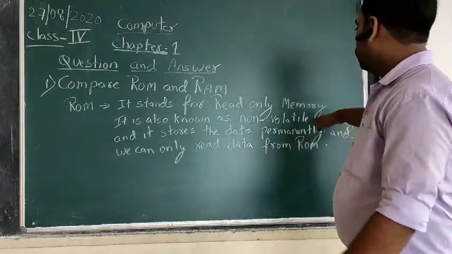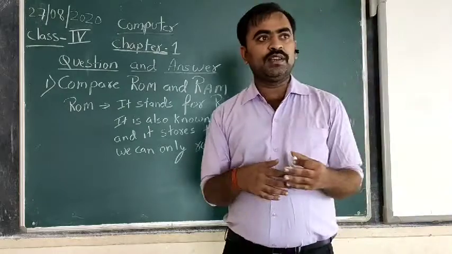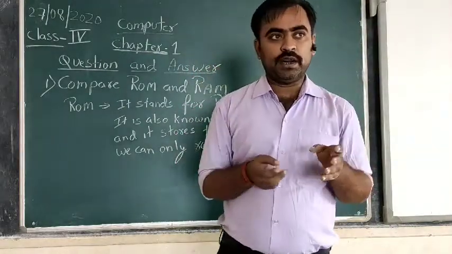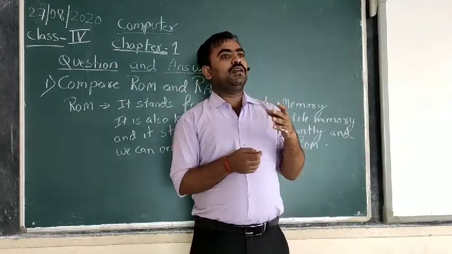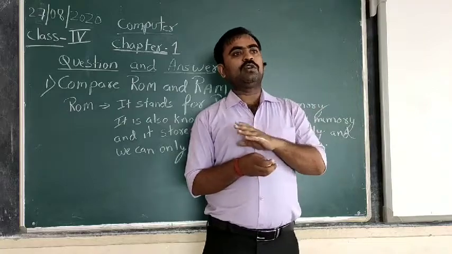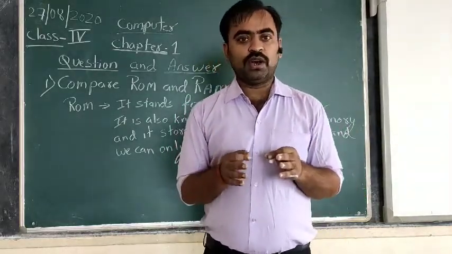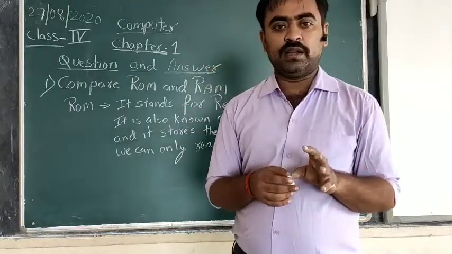Now, what is the meaning of non-volatile memory? Non-volatile memory is the type of memory which stores the data permanently. As we turn off or shut down the computer, the data is not lost from the non-volatile memory. The data is safe there.